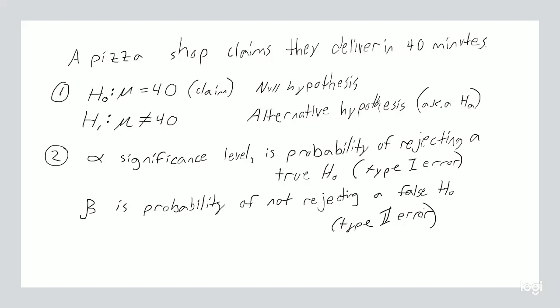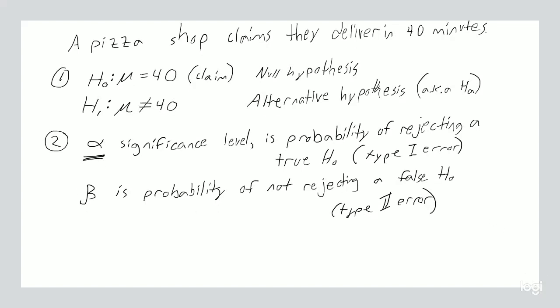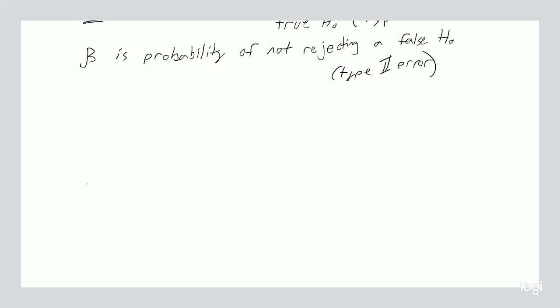Now, for hypothesis testing, we're going to be using alpha, okay, our type 1 error, the probability of rejecting a true null hypothesis. Okay, so let's say we're told that alpha is equal to 0.05 or 5%.